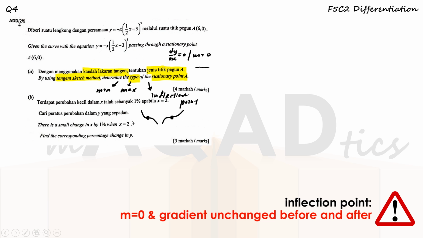For example, this one: before, the line goes down and the gradient is negative. After that, the line still goes down and the gradient is still negative, right? So the gradient remains unchanged throughout. This one is the same as well, but the opposite: the line goes up throughout, which means the gradient does not change.